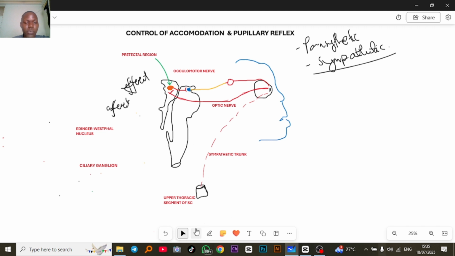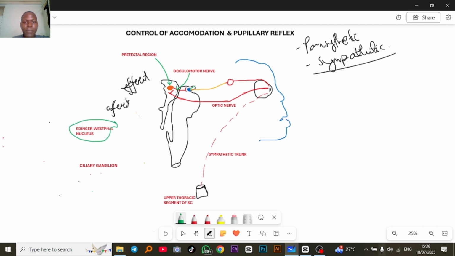So this information will be carried by the oculomotor nerve to this nucleus here in the brainstem. What's the name of this nucleus? It's what we call the Edinger-Westphal nucleus.